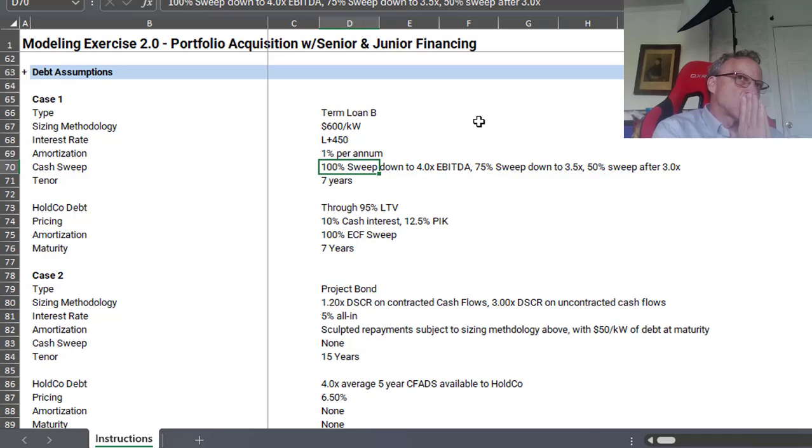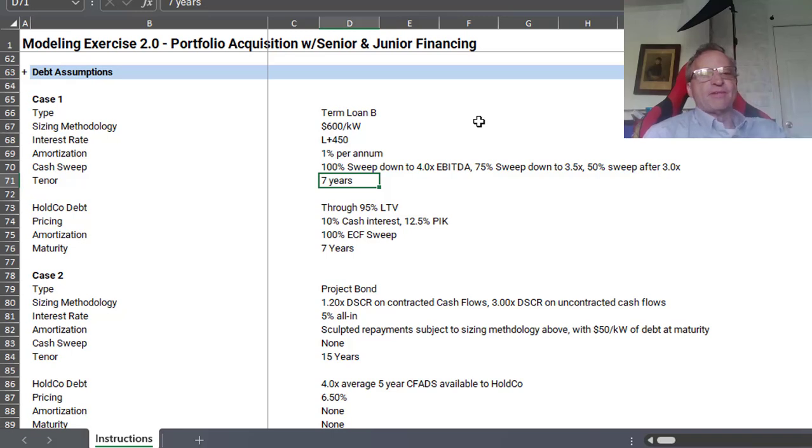And I thought, oh, okay, that would be fun. For some reason, they put a tenor in here. I suppose if you didn't finish the cash sweep, you could have put a fixed refinancing in year 7.